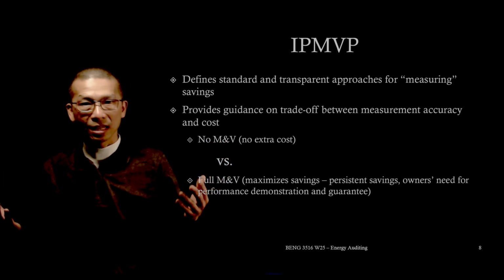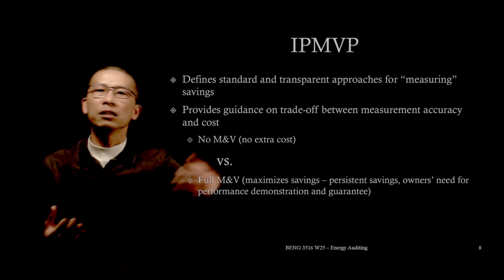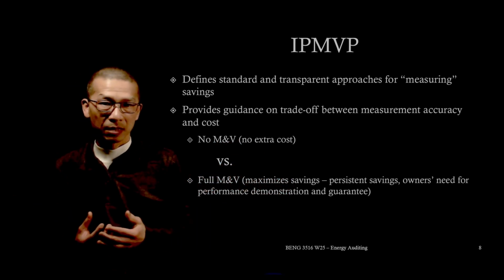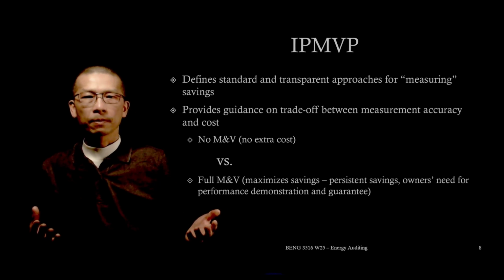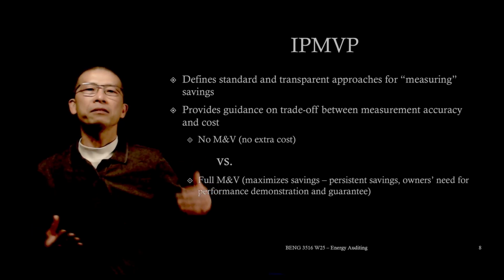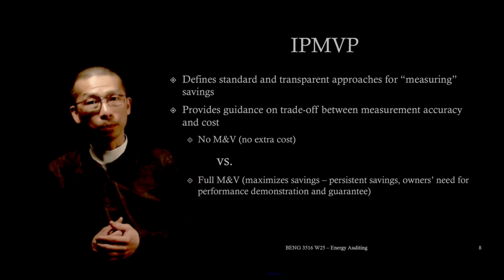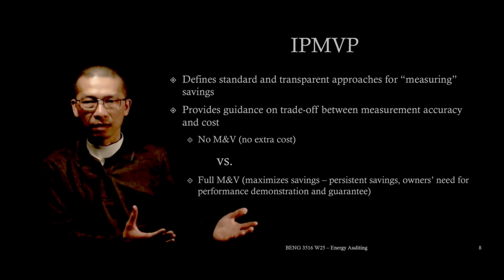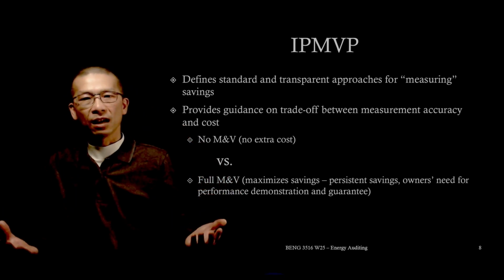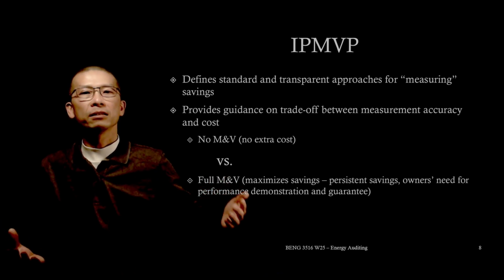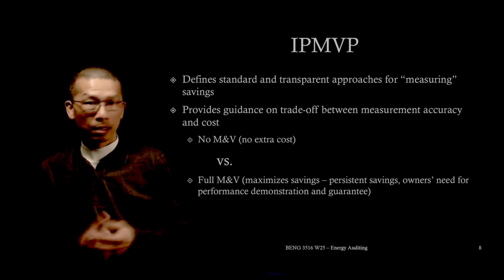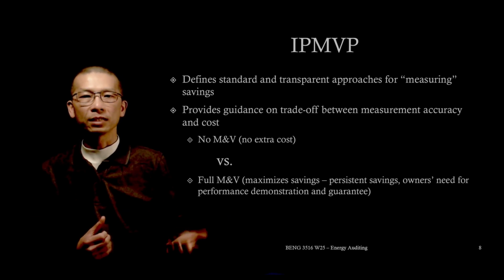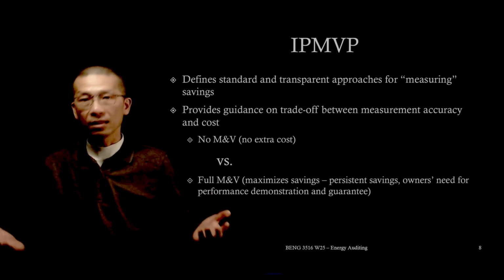There's no dedicated measurement beyond utility bills or existing data. It's lower cost, but there's a higher uncertainty in reported savings. We can assume there will be savings, but if it's not verified, then there is uncertainty. It may be acceptable for simple projects with predictable savings, such as lighting upgrades.